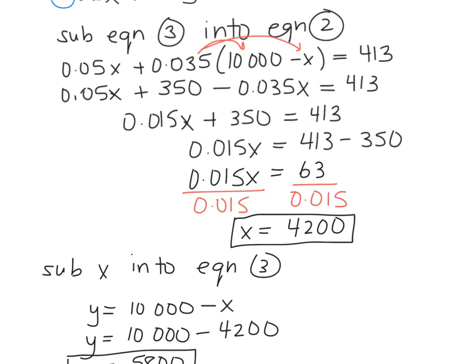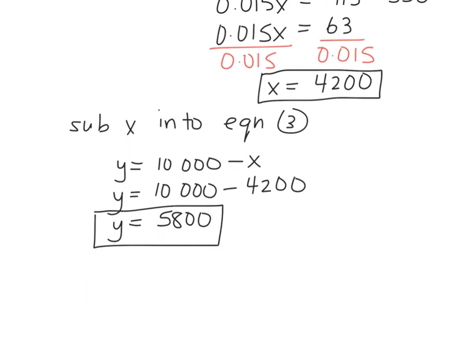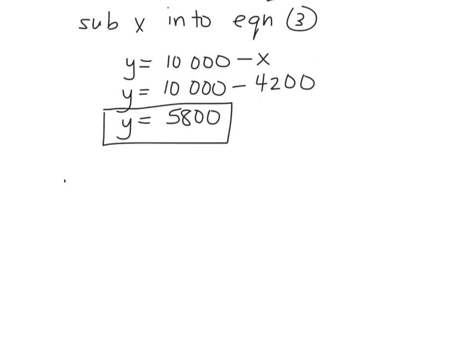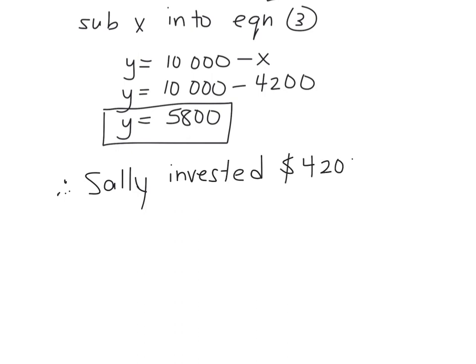I then chose to take my x value and substitute it back into equation number 3. By doing that and isolating for y, I got an answer of 5,800. So now we're ready to write our final concluding sentence. We can finish off by saying, therefore, Sally invested $4,200 in the term deposit.